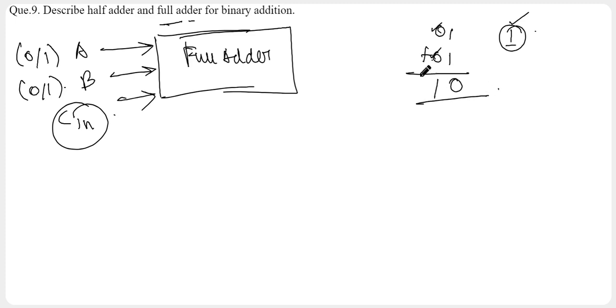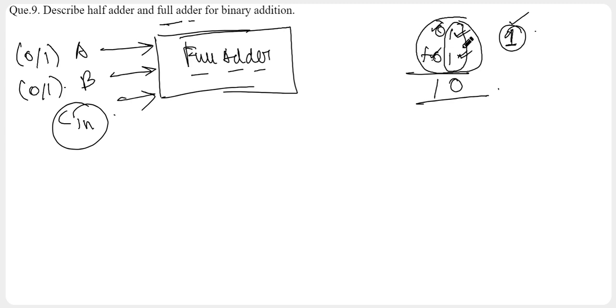Okay, so the purpose of half adder was to perform this summation, but if we want to perform this entire summation using half adder, we can't do this, because in half adder we are giving only the individual bits as input. We are not giving the carry which is generated from the addition of two bits as input. So the purpose of the full adder is to perform the complete addition process.